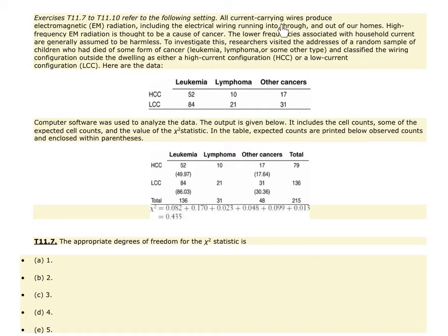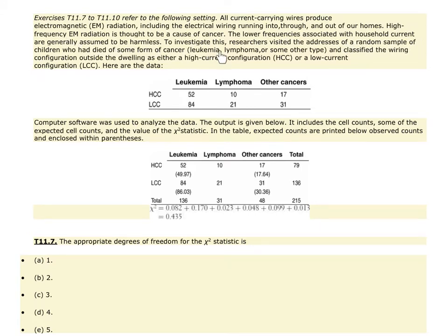All current carrying wires produce electromagnetic or EM radiation, including the electrical wiring running into, through, and out of our homes. High-frequency EM radiation is thought to be a cause of cancer. The lower frequencies associated with household current are generally assumed to be harmless.